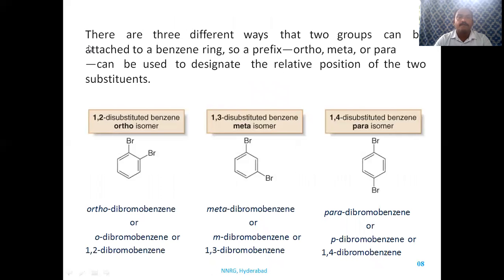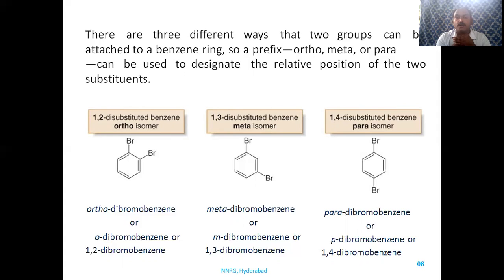We know that when you go for disubstitution, two substituents are present on the benzene, and there is a possibility of getting three isomers. If you take the example of benzene having two bromine groups, the first bromine is at the first position, and the second bromine can attach at the second, third, or fourth position.